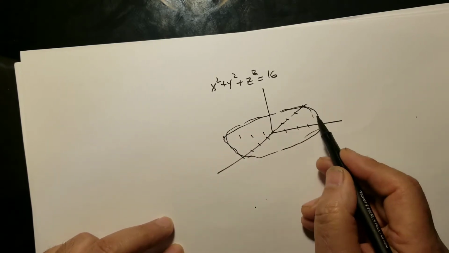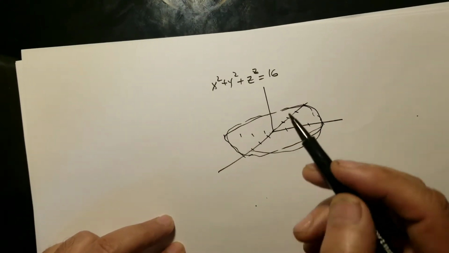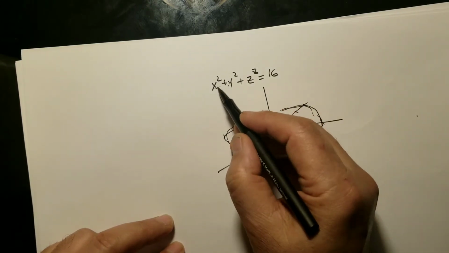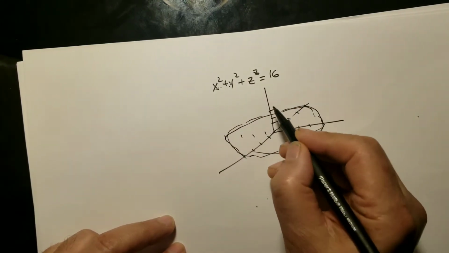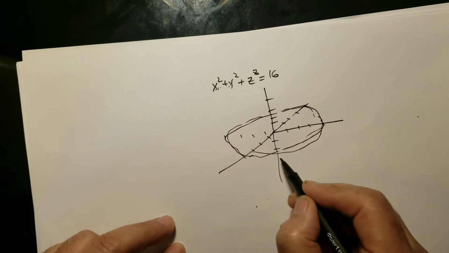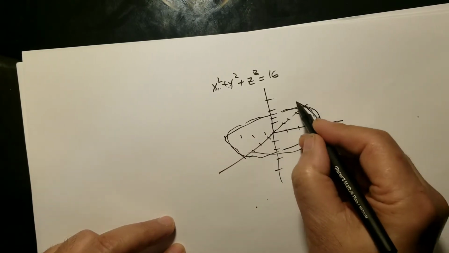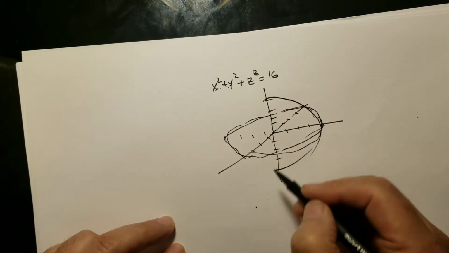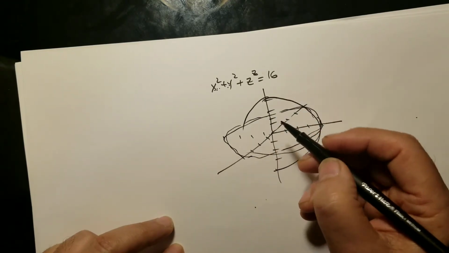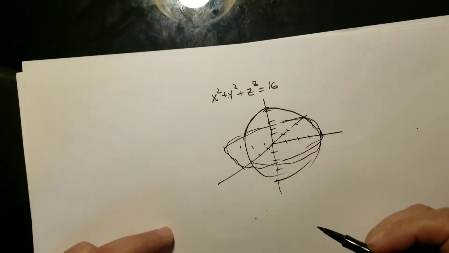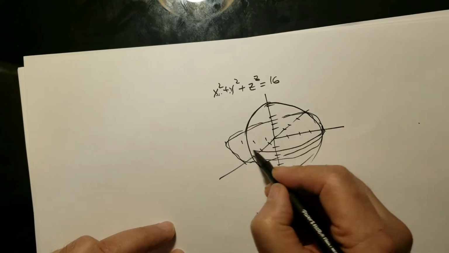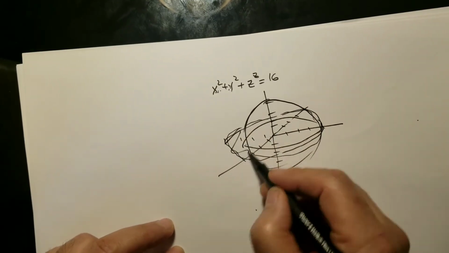I'm sorry if my circle looks ugly. But if my x and y become 0, my z is plus or minus 4. This is easy because I can make that one look pretty, and that becomes right here. Therefore, that is the equation of a sphere that really should look like this.